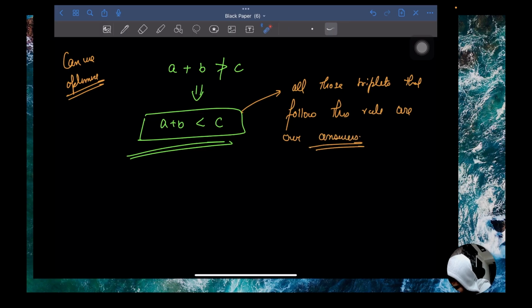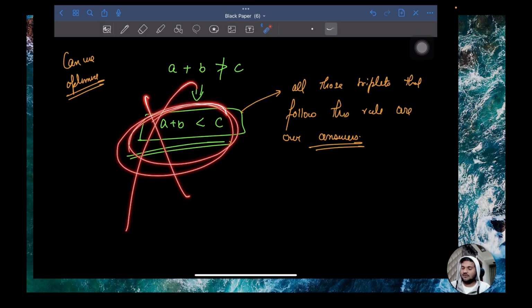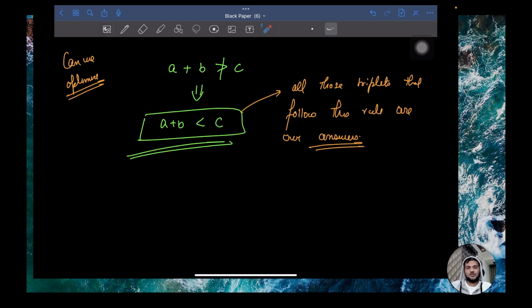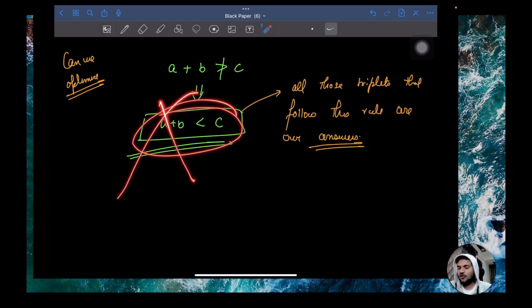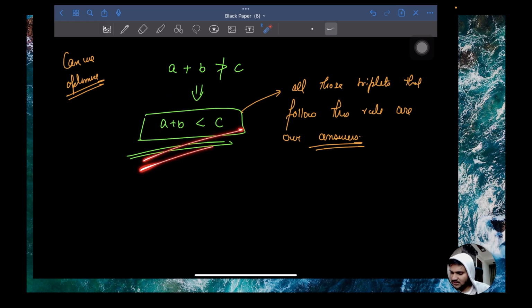Can I say that? Because if there is a triplet that follows this rule, that the sum of the two elements is less than c, then technically we will be able to say that this triplet can never form a triangle, right? Whatever permutation you take, this triplet cannot form a triangle. We have to just find this particular part, right?